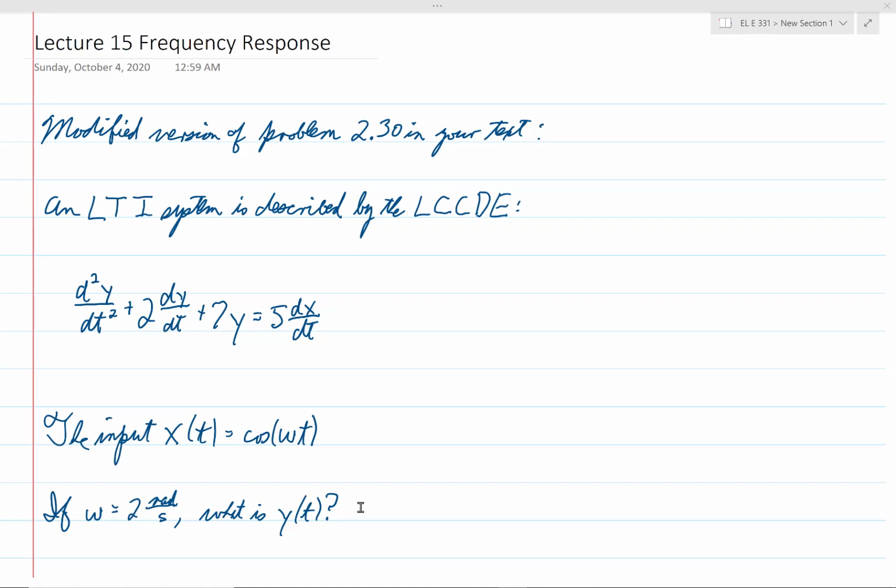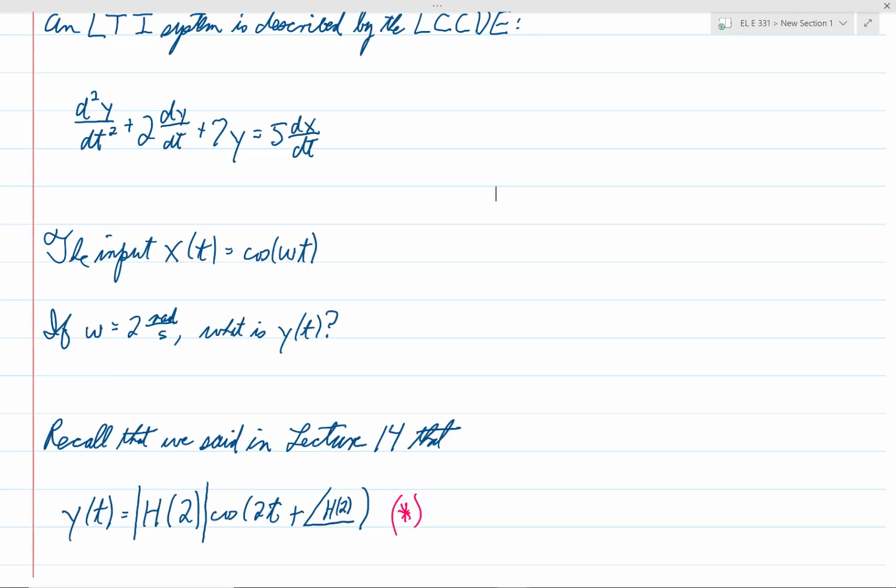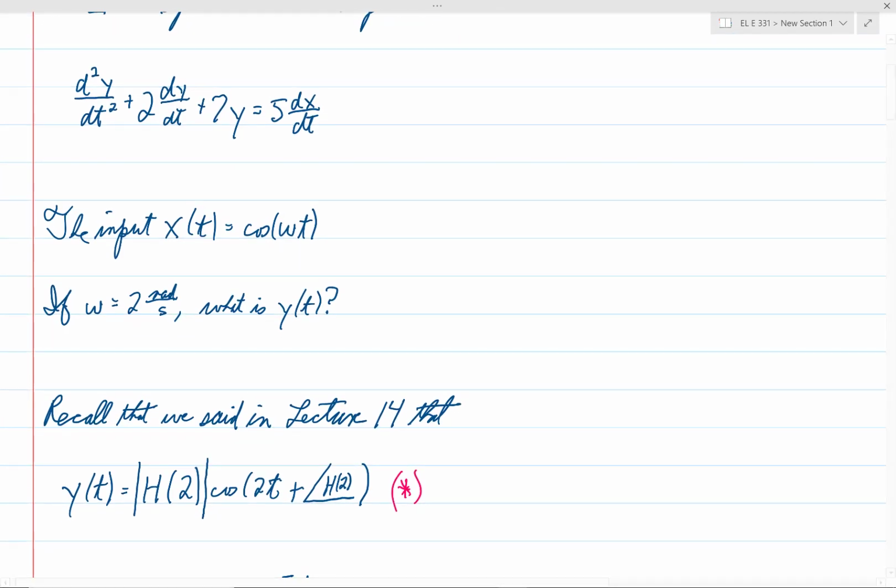Now, what we said in lecture 14 was that the output y of t would be equal to the magnitude of h of 2 times this sinusoid shifted by the phase of h of 2.